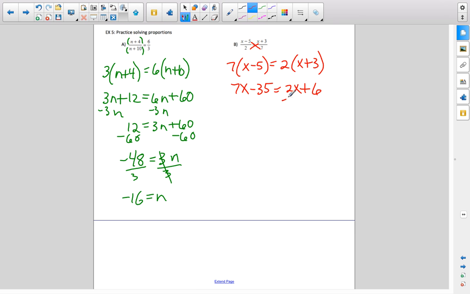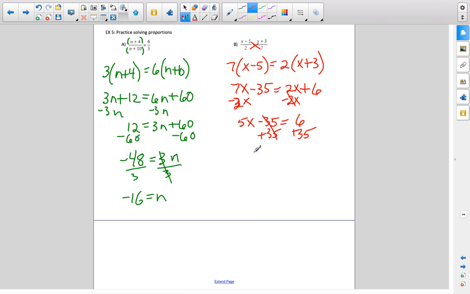Let's see, I think I'll subtract 2x from both sides of my equation. That's a 2 over here. So I have 5x minus 35 equals 6. Cancels there. Now I'll add 35 to both sides.